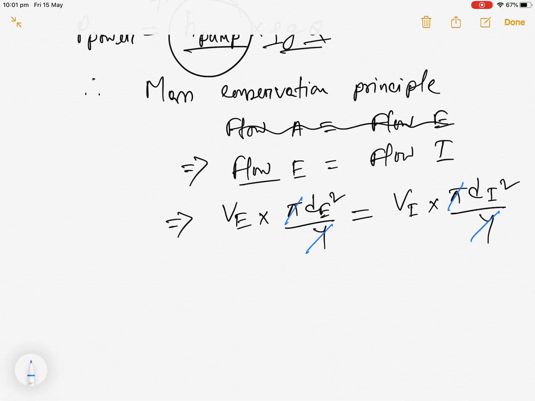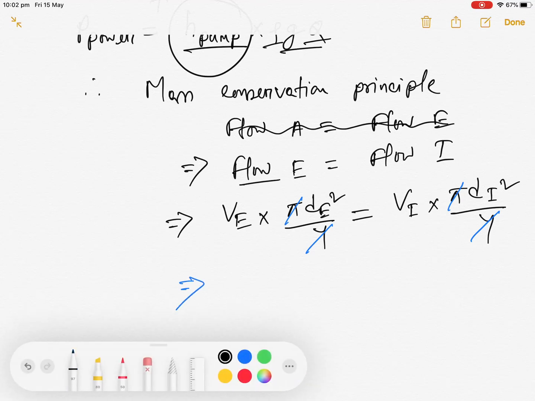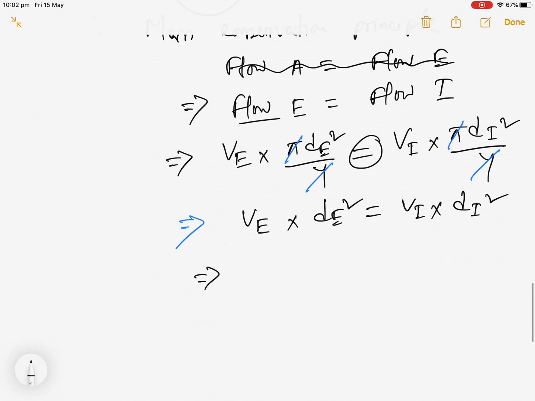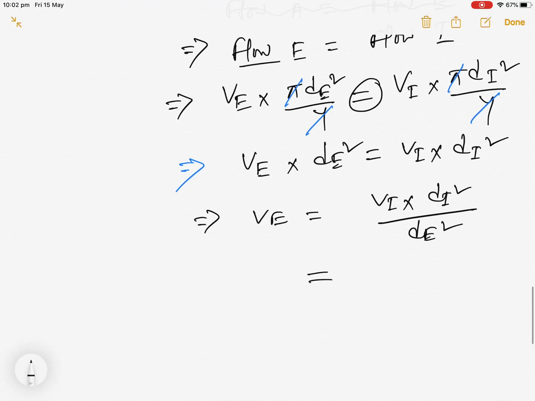Because it is an equation, we have the equal sign here, so we can easily cancel out this term. So it is VE dE squared equals VI dI squared. So VE will be VI times dI square over dE square.